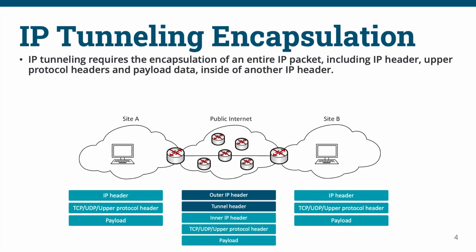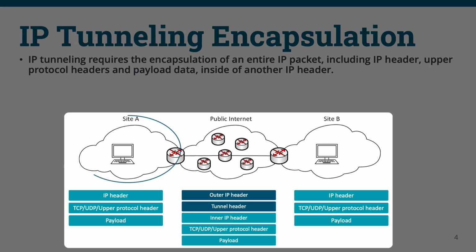We mentioned that IP tunneling involves encapsulating an IP packet so that it may traverse some unroutable intermediary network to reach some destination network. In our diagram here, we have Site A and Site B, which are interconnected by the public internet, represented in the middle.